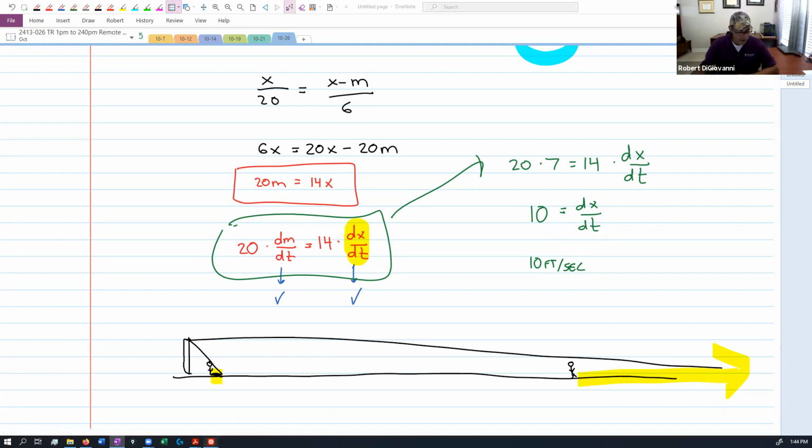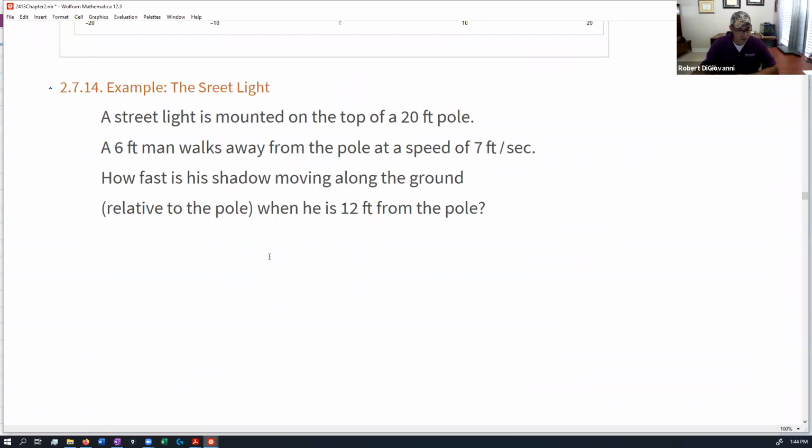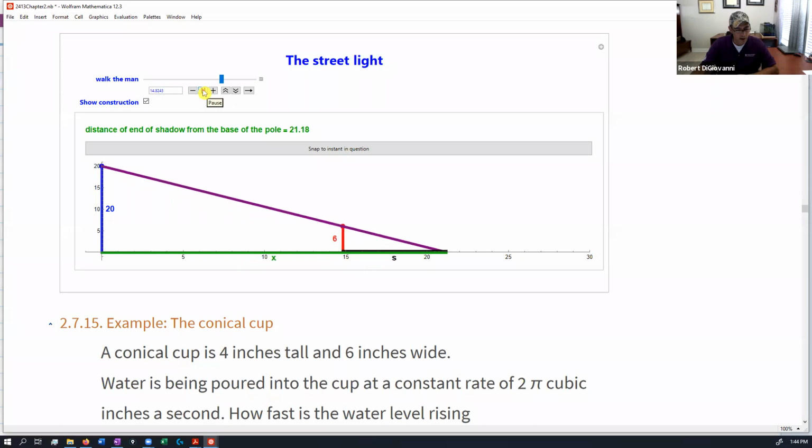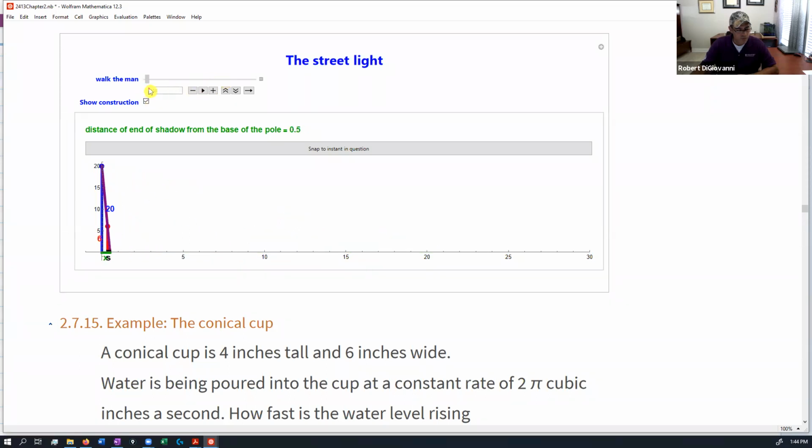If I do the animation, let me start it over. Watch the tip of this shadow and let's just see, does it look like it's speeding up or slowing down or staying the same? Let's go.